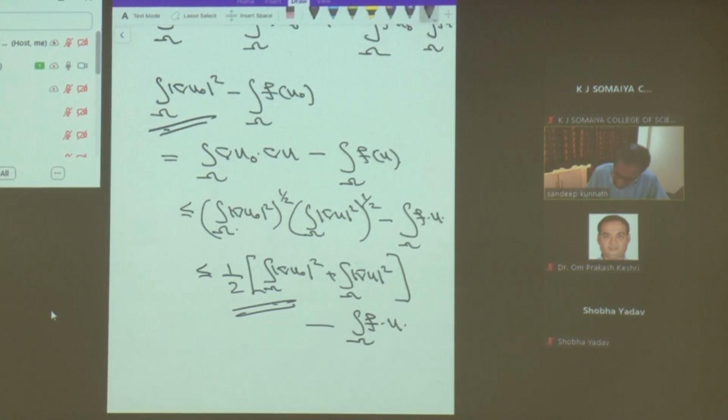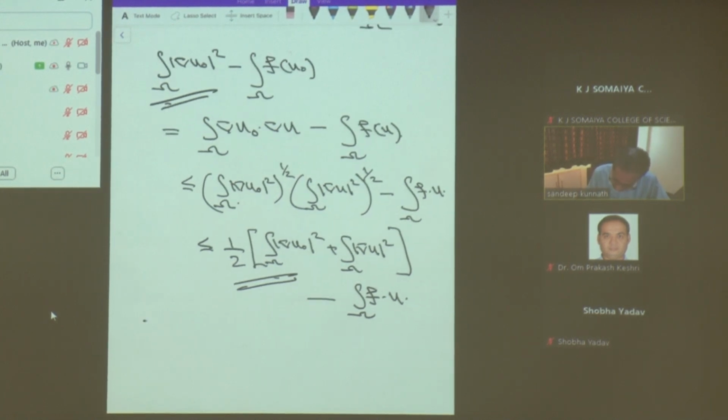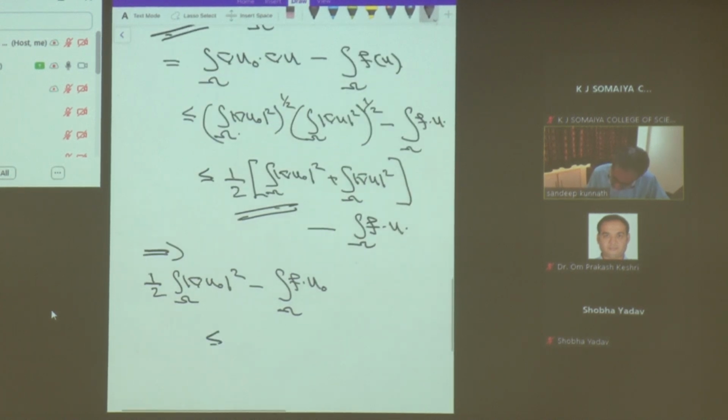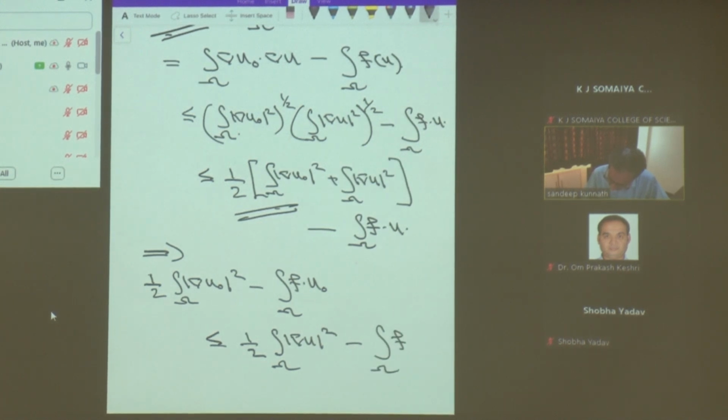I can push this to the left hand side, and this will imply that half of integral over omega gradient of u naught square minus integral over omega f into u naught is less than or equal to half of integral over omega gradient of u square minus integral over omega f into u.